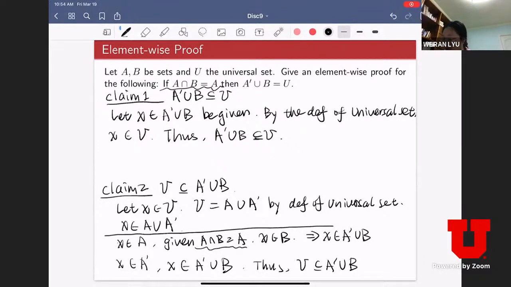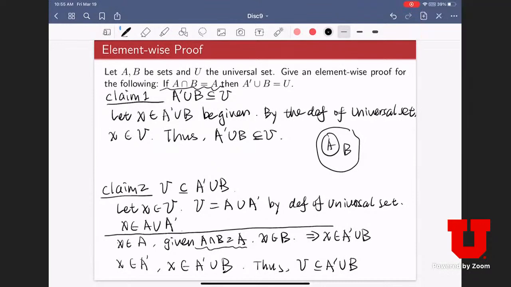If we just draw the Venn diagram, this is A and this is B. So given that A intersect B equals A, that means A must be a subset of B. Cool, thank you.